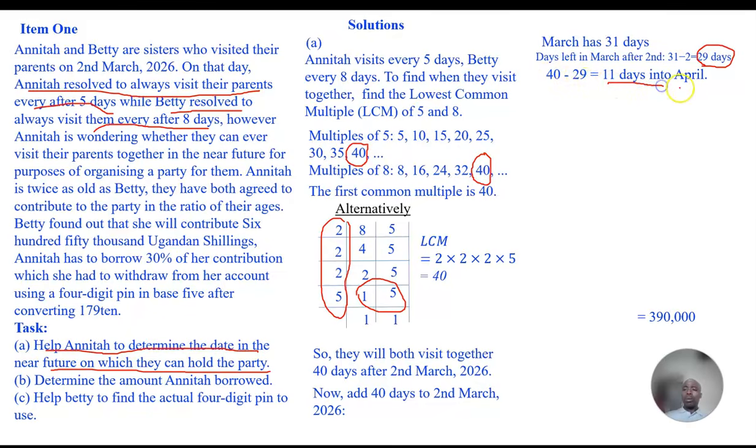So these days will go into the next month, which is April. So 11 days in April tells us that we are on 11th day of April 2026. So 40 days after 2nd March is 11th April 2026. Then you conclude that they can hold the party on 11th April 2026.